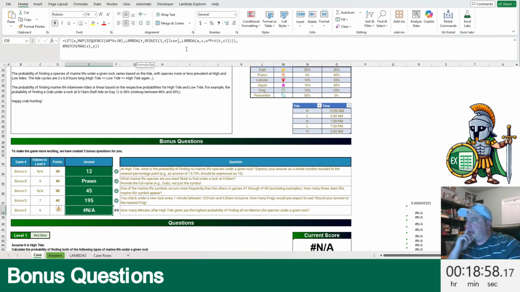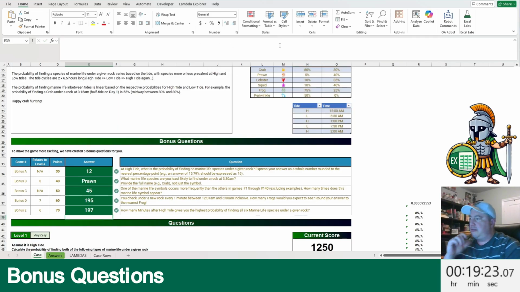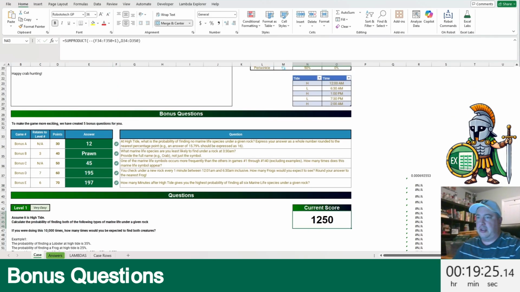What am I doing wrong here? We're mapping all these values. And those look right. Lambda T. Oh, they're integers. Divided by 24, divided by 60. I keep doing that one. Okay, 12:50. 19 minutes.